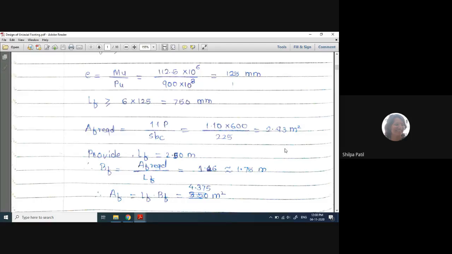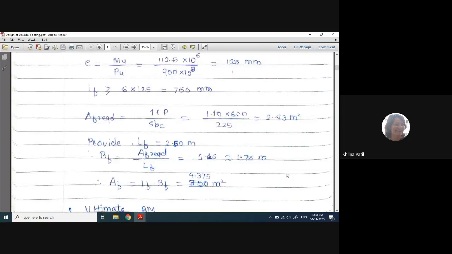So what is done normally: if I assume a square footing, I will simply take the square root of this 2.93. The square root of 2.93 is coming somewhat 1.71. So I can consider the width in a range of 1.71 and the length according to the required one.